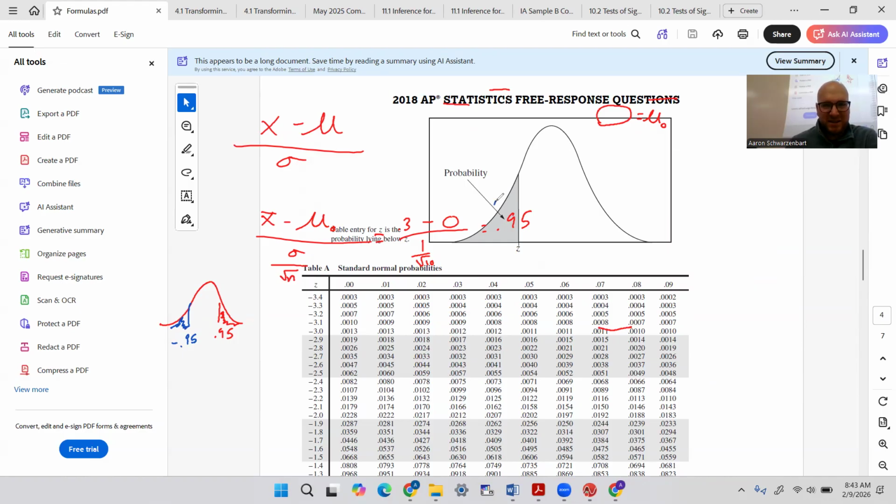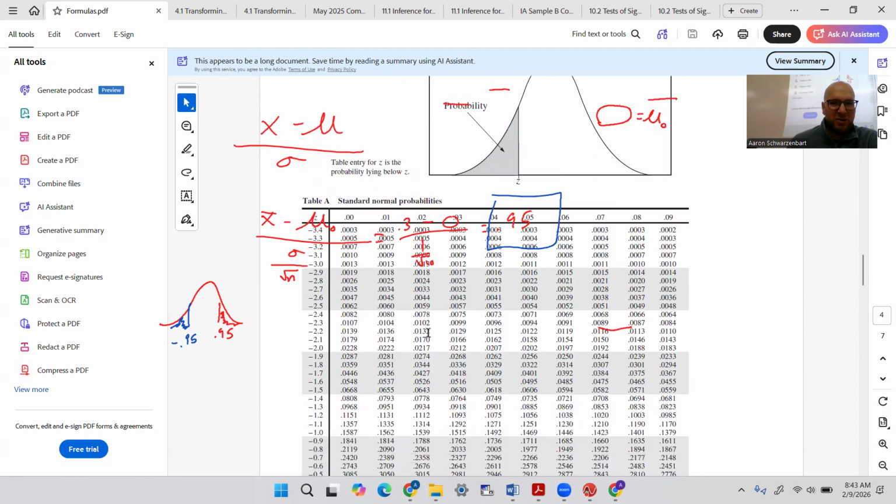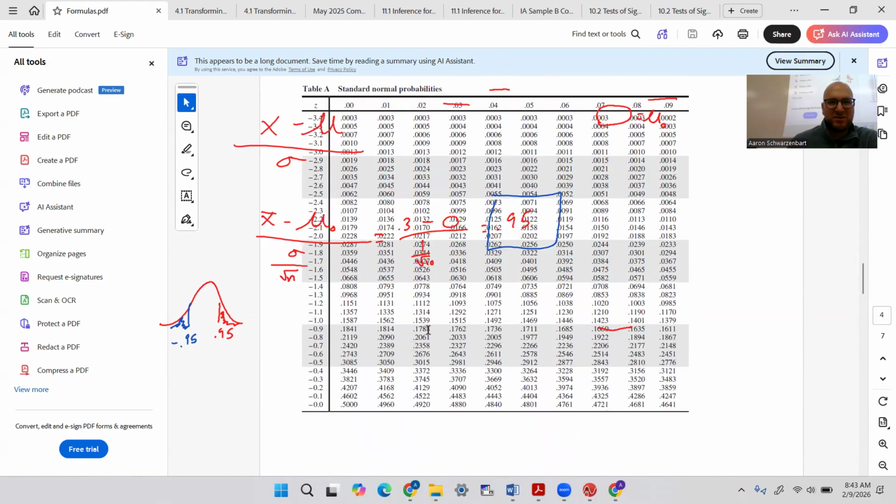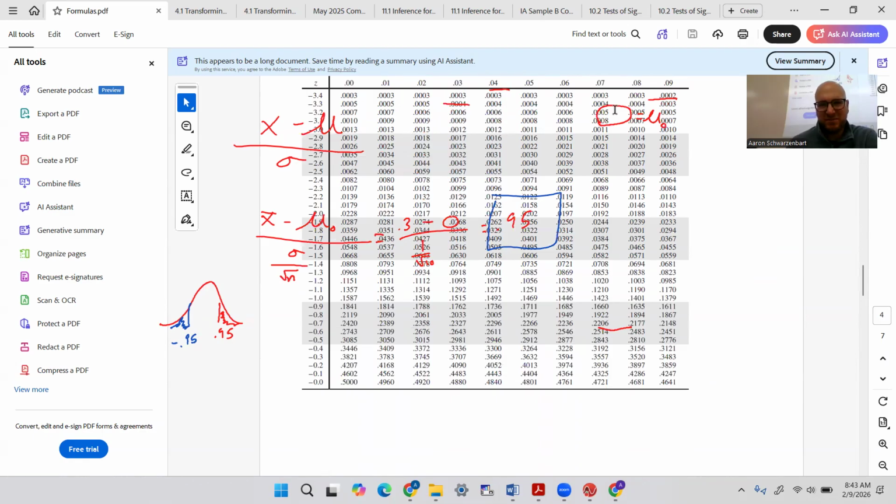So I'm going to look up 0.95 in my Z table. That gives me the Z value, and I would want to notate this as Z equals 0.95.